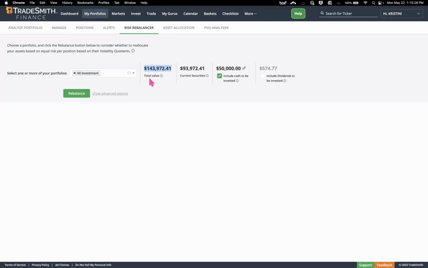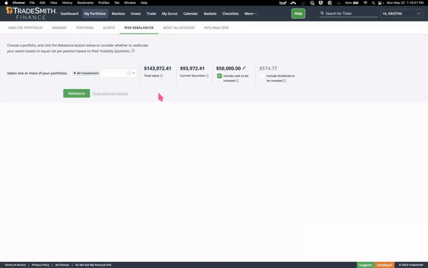If you rebalance a synchronized portfolio, I do want to throw it out there, the total value is not going to reflect the portfolio value from your live brokerage account. So in order for you guys to determine the total value here, we do have a little calculation that we do for you. So we take the sum of all of your positions' latest close prices times the shares plus your cash. So I did put that calculation in your script for you.